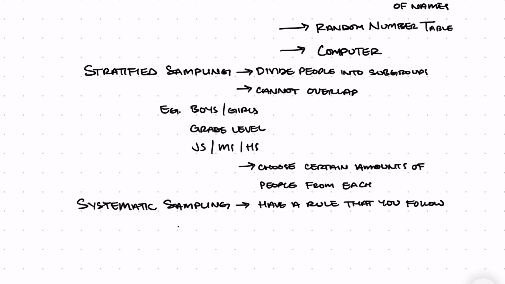So maybe an example of this would be, out of a list of all the students in alphabetical order by last name, you choose every 10th person.